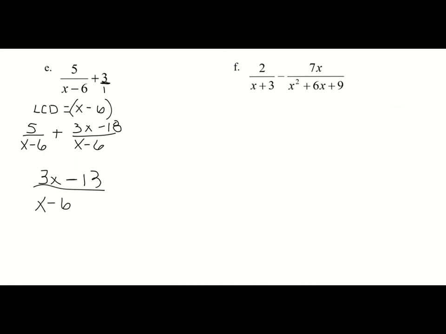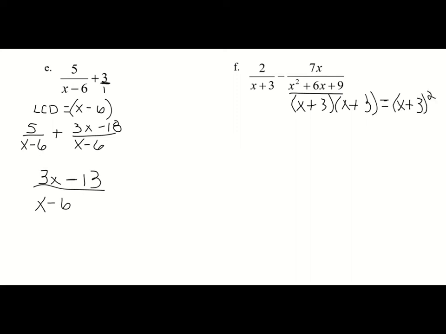Let's take a look at F. We have to factor our denominator there, our x squared plus 6x plus 9. If you recall, that will factor to x plus 3 times x plus 3, or when we simplify it, x plus 3 squared.